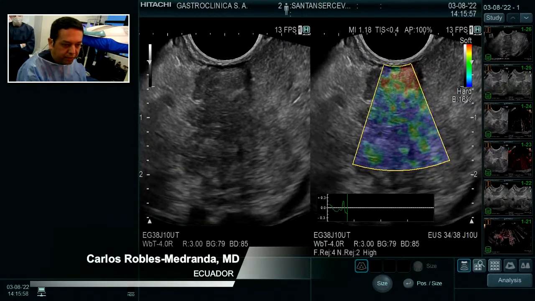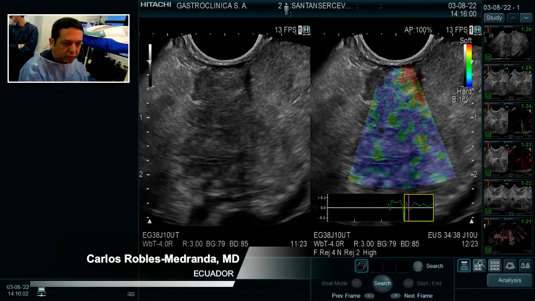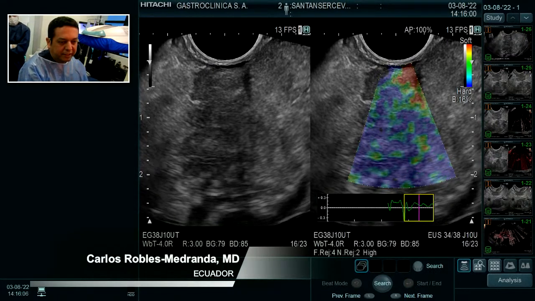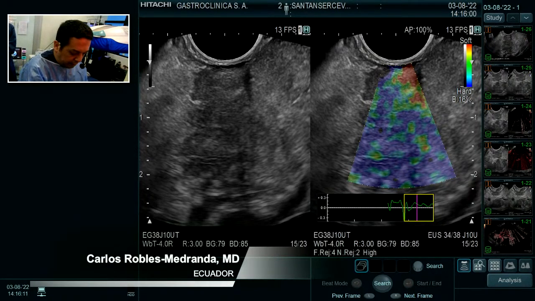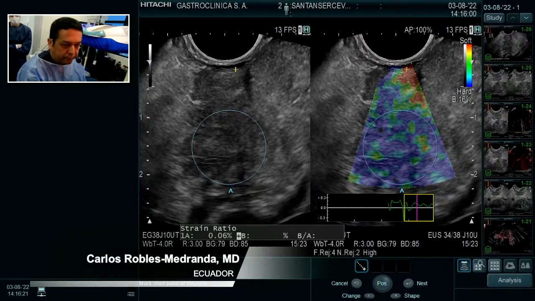With this elastography, we can have qualitative and quantitative metrics. So I will perform strain ratio evaluation of the lesion. It has a blue area, so hard tissue, and we can compare with the standard tissue.